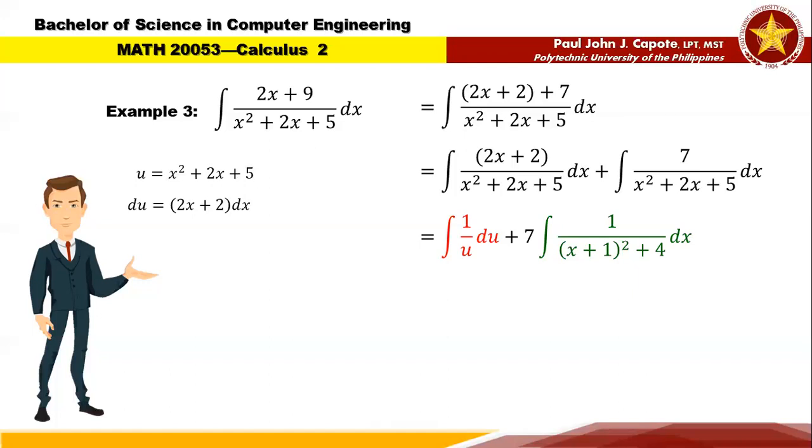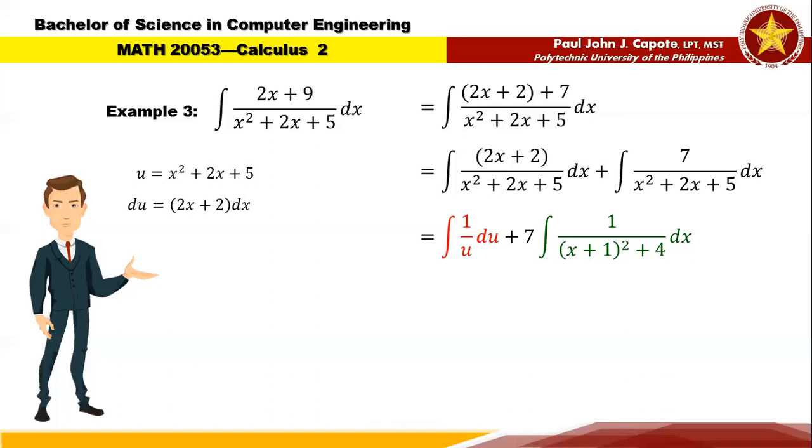times the integral of 1 over the quantity x plus 1 squared plus 4. How did we get the quantity x plus 1 squared plus 4? Simply we apply the completing the square method to the quadratic expression x squared plus 2x plus 5.